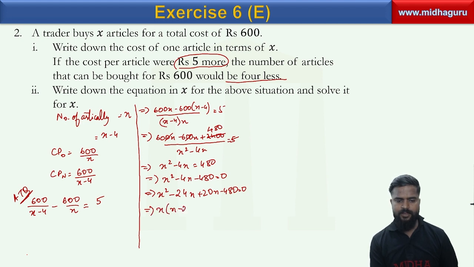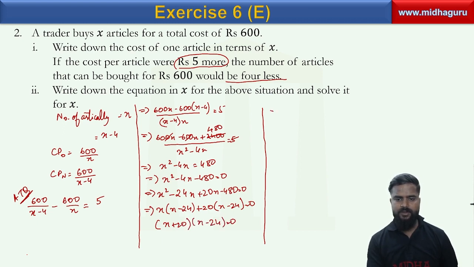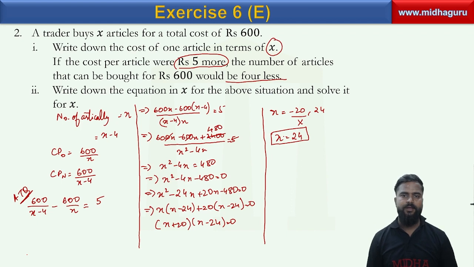So x minus 24 plus 20 into x minus 24 is equal to 0, which means x plus 20 into x minus 24 is equal to 0. So x is either equal to minus 20 or equal to 24. Now since x was a number of articles, it cannot be negative. So x will be equal to 24, and that is the solution for the given equation.